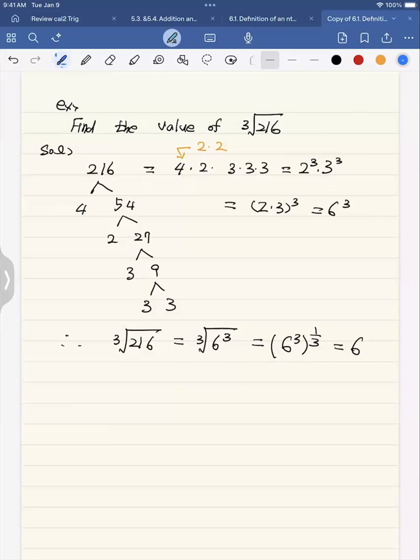In the following problem, we want to figure out the value of the cube root of 216.